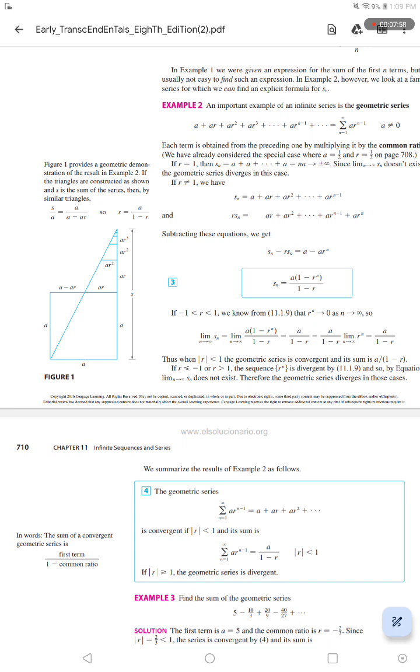If the absolute value of R is greater than or equal to 1, the geometric series is divergent. Sidebar: in words, the sum of a convergent geometric series is first term over 1 minus common ratio.